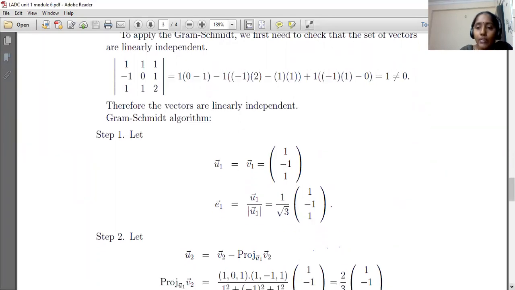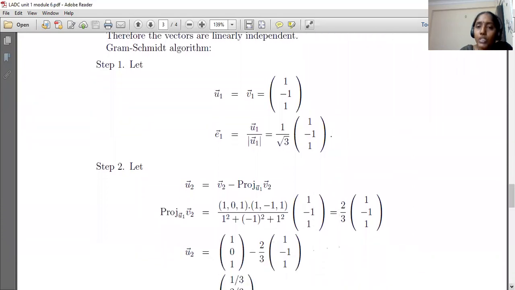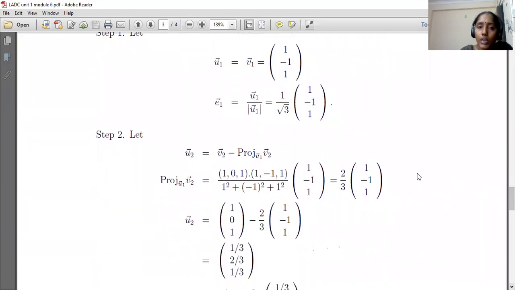After that, you can find a vector U2, which is perpendicular to U1 or V1. So U2 is V2 minus the projection of V2 on U1. What is the formula for the projection of V2 on U1?